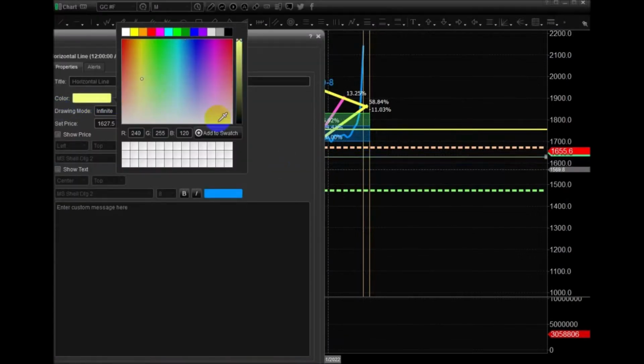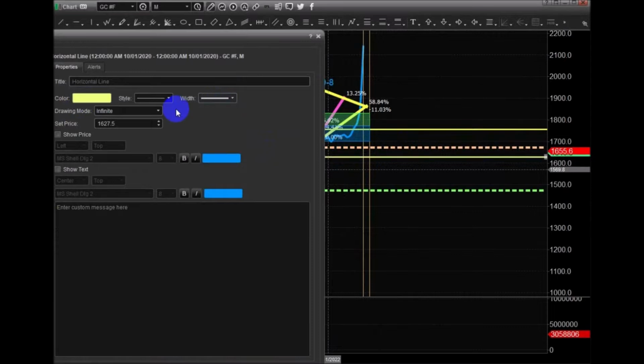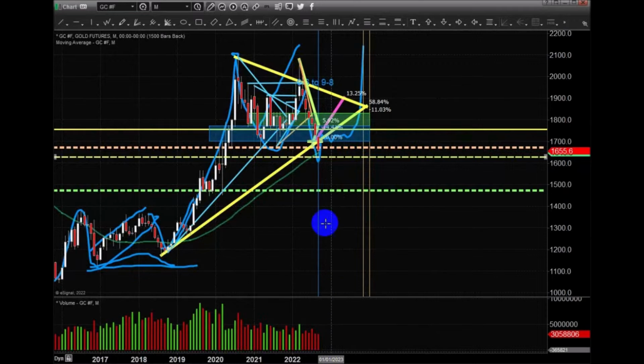This would become my alternate breakdown support level for gold, and understand that this level here, which is 1630, ultimately gold could dance around in this little window and still technically be bullish, in my opinion, because we could be just scouting this low, trying to move into a range where it's looking to see if it can break lower. And if it cannot break lower down into this area, then I would still consider this bullish.